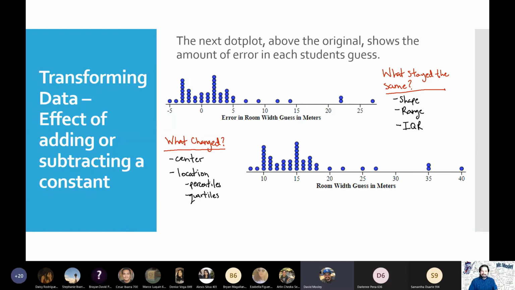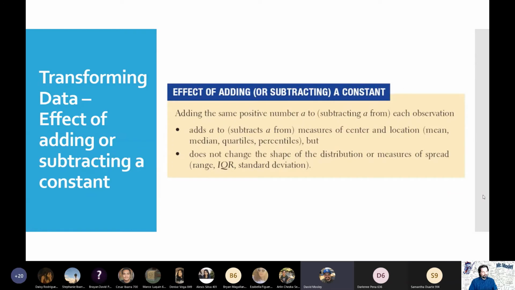So in a nutshell, the effect of adding or subtracting a constant: adding the same positive number, A, to each observation adds A to measures of center and location, mean, median, quartiles, percentiles, but does not change the shape of the distribution or measures of spread, range, IQR, standard deviation.